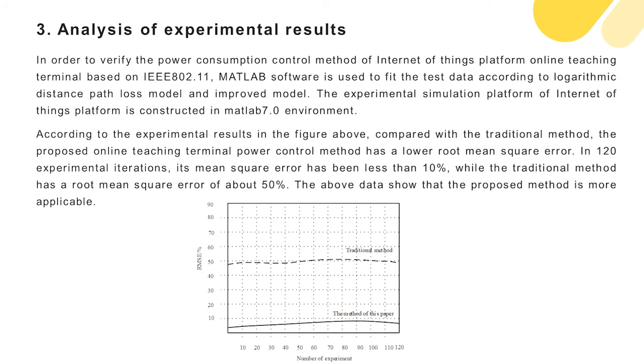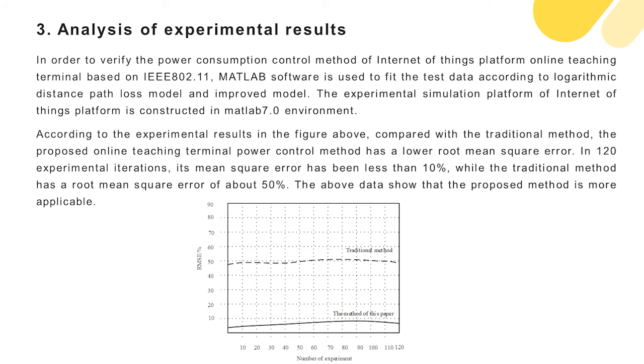3. Analysis of experimental results. In order to verify the power consumption control method of Internet of Things platform online teaching terminal based on IEEE 802.11, MATLAB software is used to fit the test data according to the logarithmic distance path loss model and improve the model.